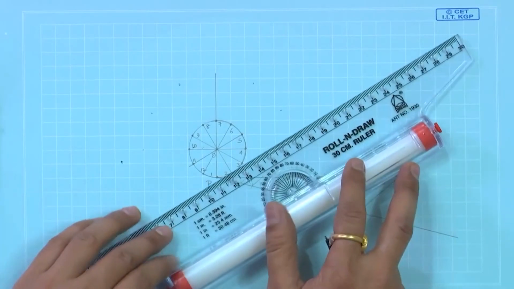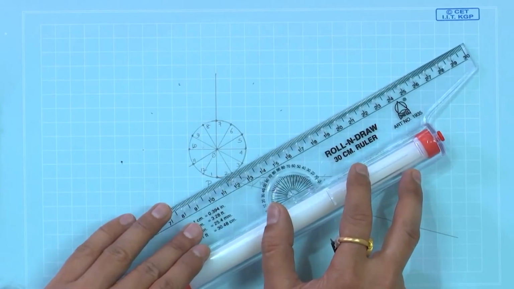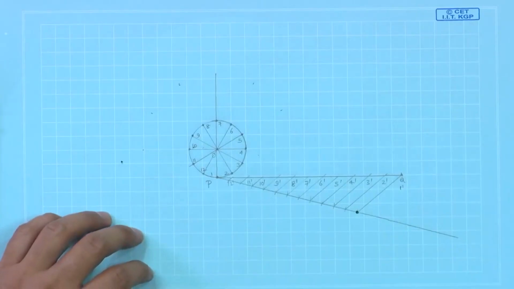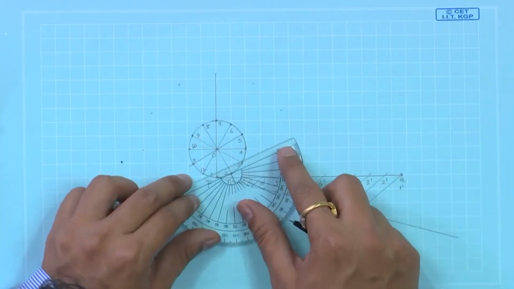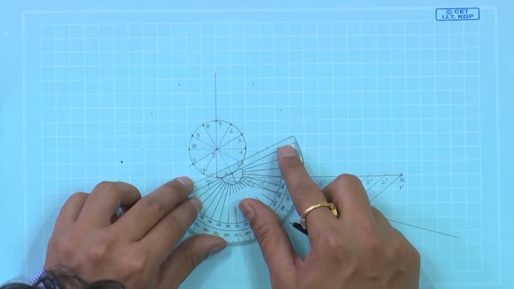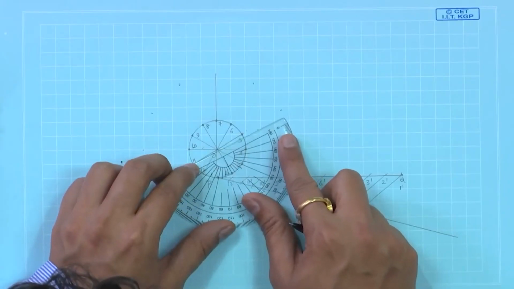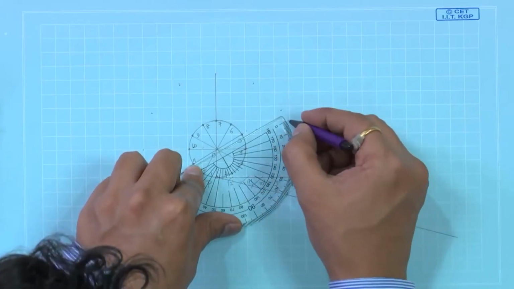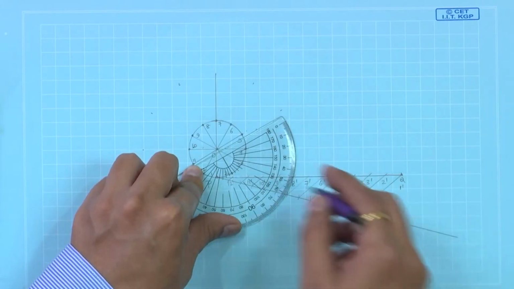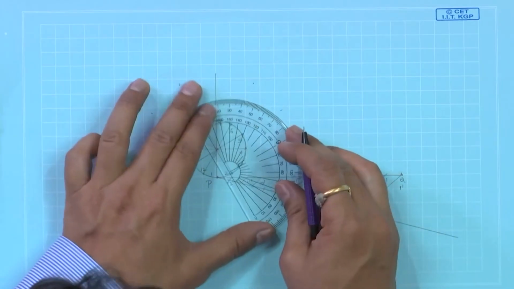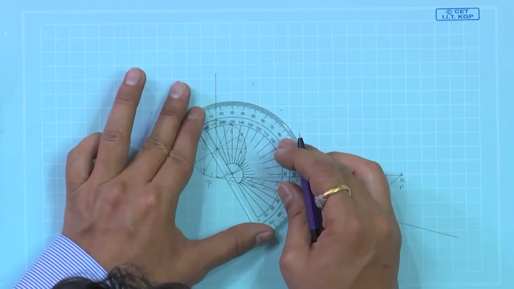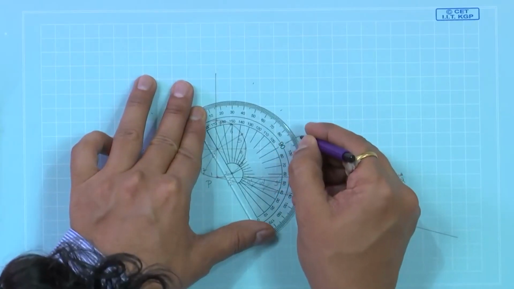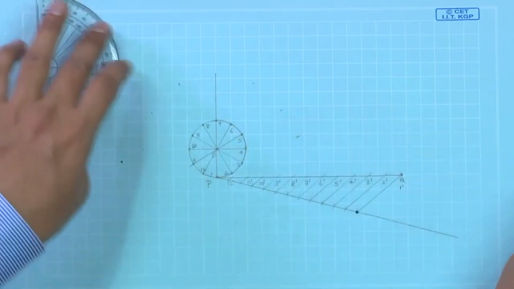For example, here we have to draw a tangent at each and every point. So, at point 2, draw a tangent.